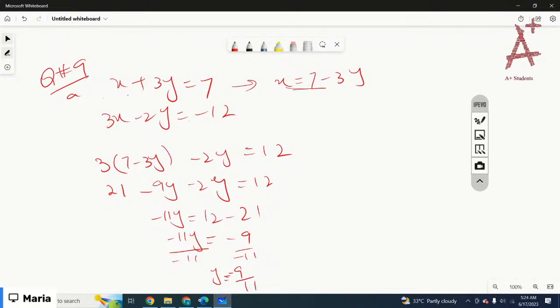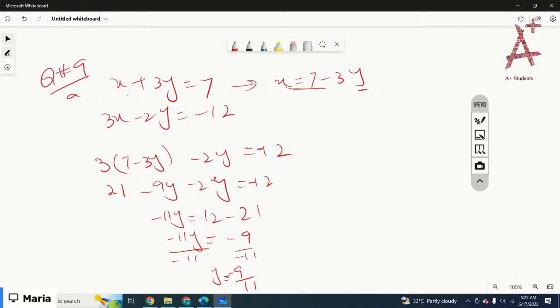Just put the value in the equation. Oh, this one is negative 12.